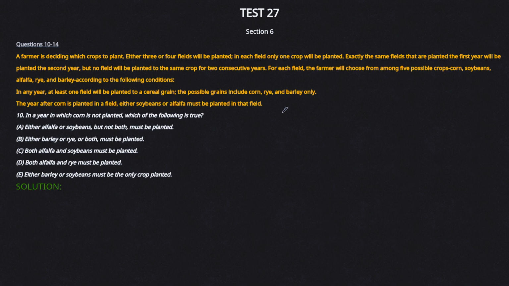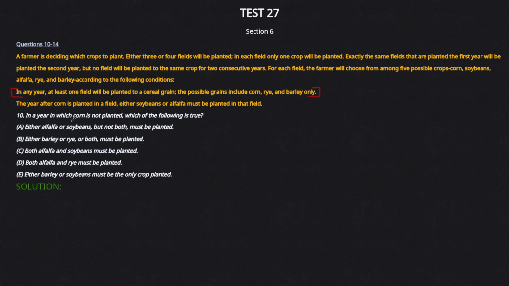Okay, let's go over the question. In a year in which corn is not planted, which of the following is true? Okay, we know corn has not been planted. From this, we need to keep our eyes on this criteria here.